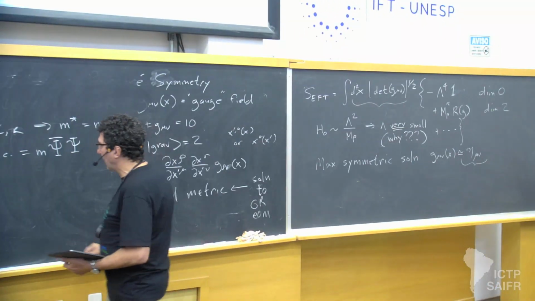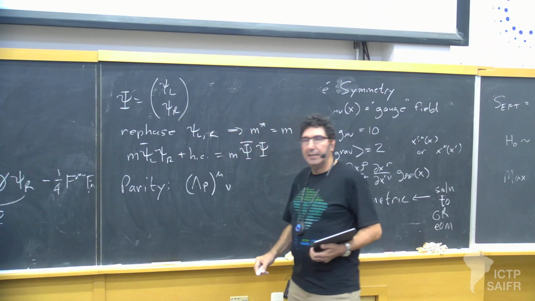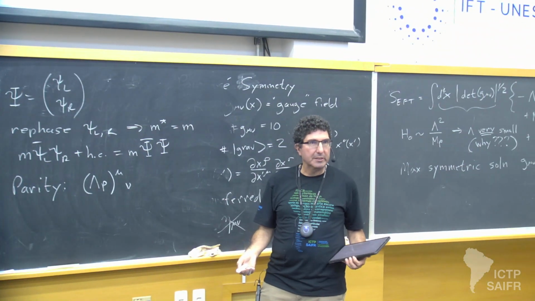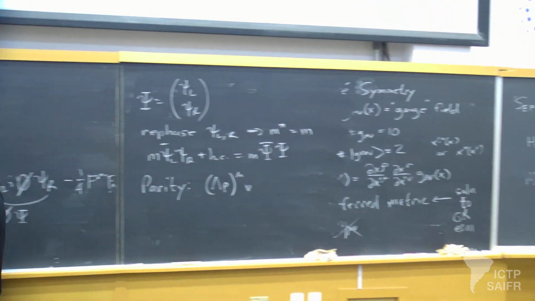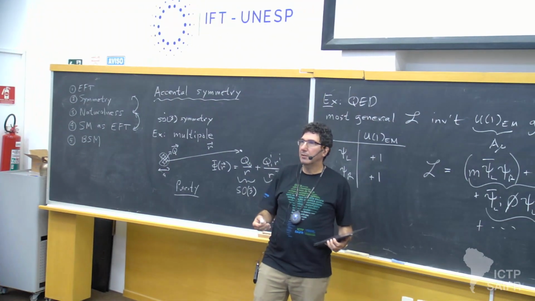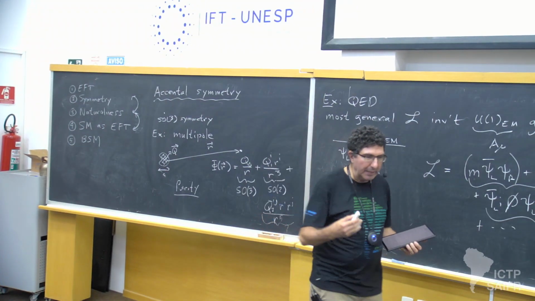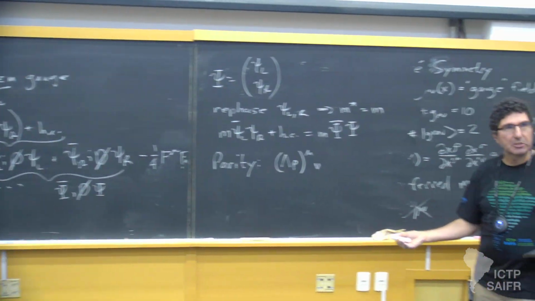And how does parity act? First of all, let me just remind you, parity, what is it? It's actually an extension of the Lorentz group. It's an improper Lorentz transformation. When I say Lorentz transformations, what I mean are rotations and boosts, okay? So you cannot make a parity transformation out of rotations and boosts. It's really an additional assumption, okay?